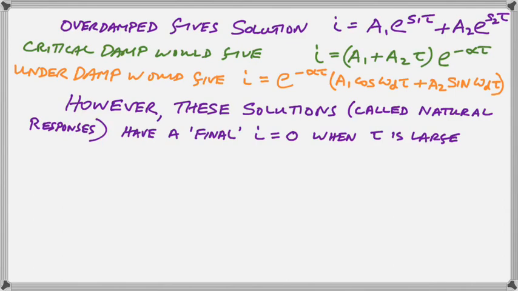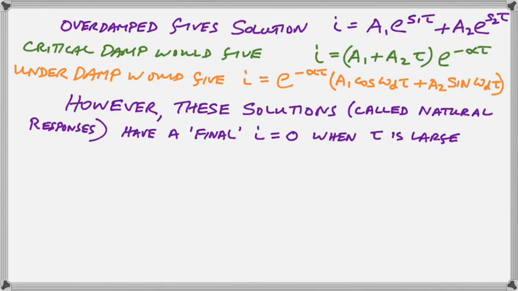But notice, look at them. The solution is for the natural response. It's going to end up at 0 because eventually those exponential terms, as t gets larger, are going to all end up as 0. And our final result of I is not 0 at all.